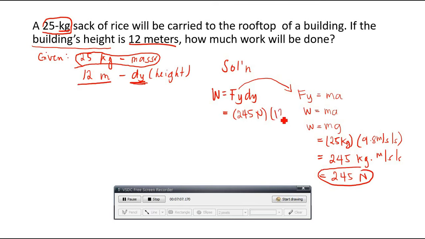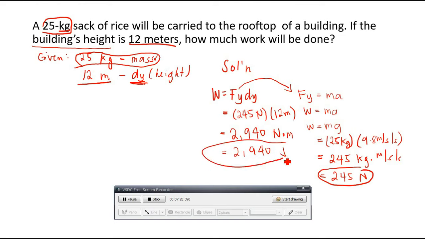Work is equal to your Fy, that is 245 Newtons, times your dy, which is the given value, 12 meters. So 245 times 12, you will get 2,940 Newton meters, or 2,940 joules.